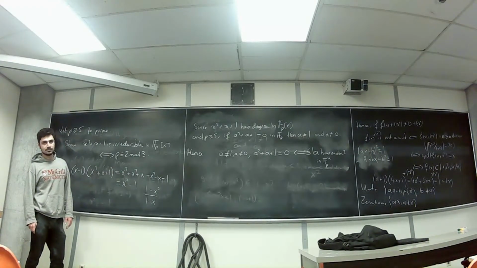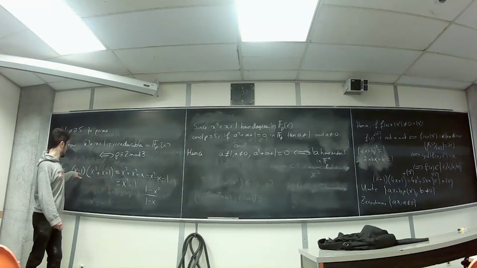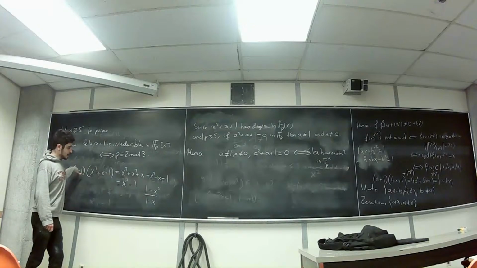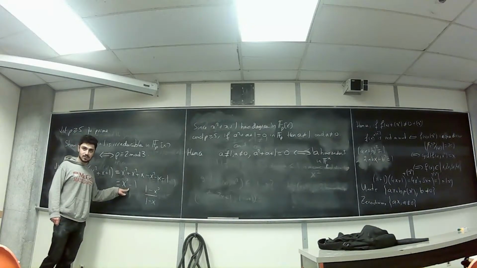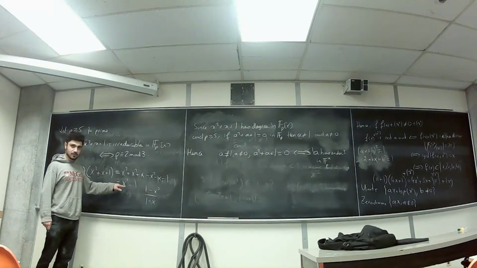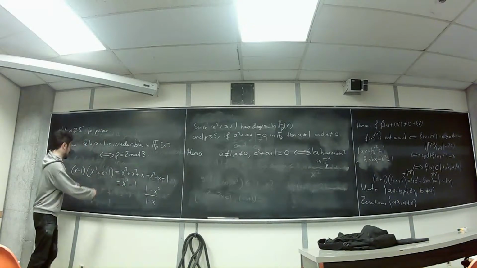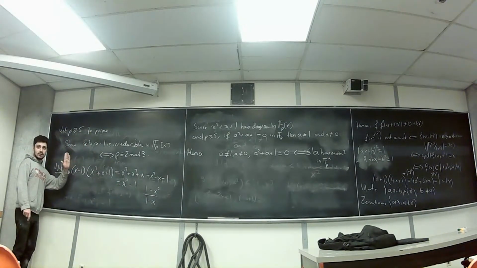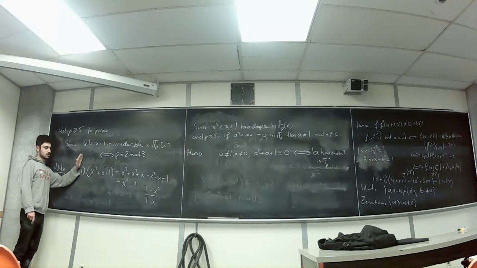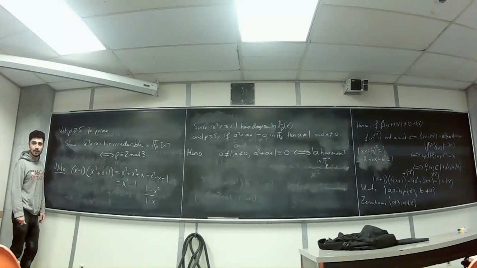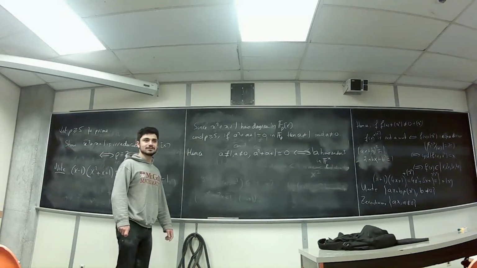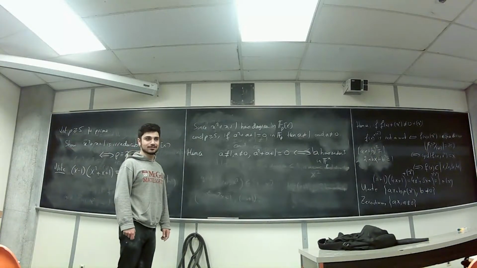If you have a root of this polynomial, then it's not 1, and it has order 3. Now, if you have an element of order 3, then it must satisfy this is equal to 0. Since it has order 3, it's not 1. And since you're over a field, this is not 0. But this must be 0. You guys see this or not? This one is a bit tough.